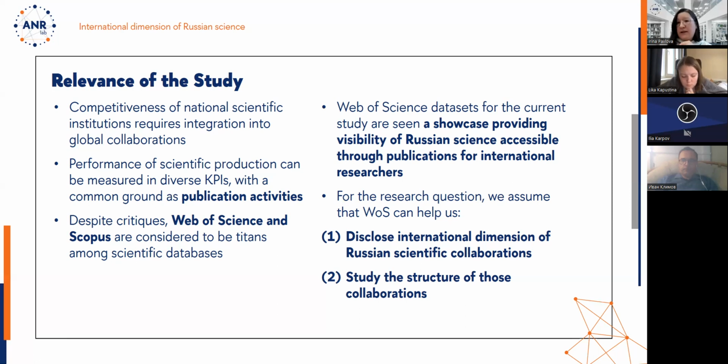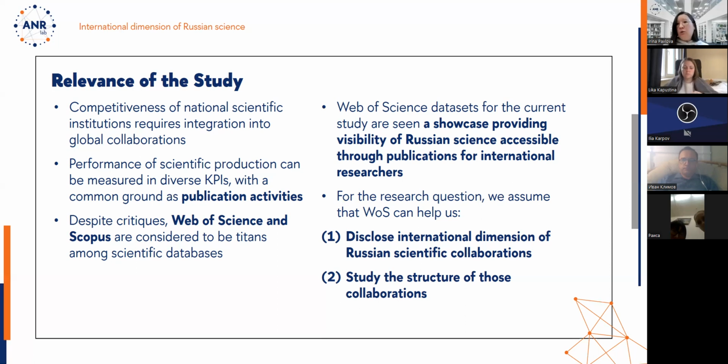We see this data set and Web of Science as a showcase, providing visibility for the science. And through those publications available there, we may somehow track the structure, trajectories, maybe some preferences. So what is actually visible and available in the entire Russian science for the international academic and research community.